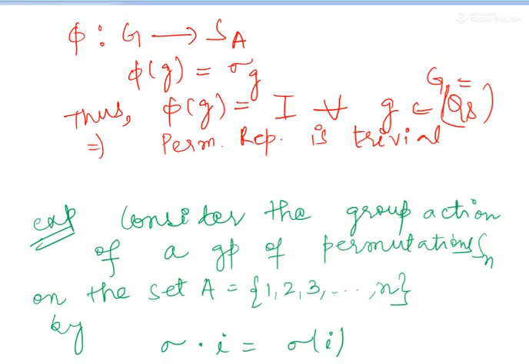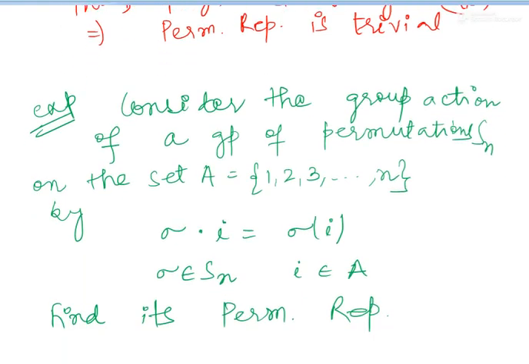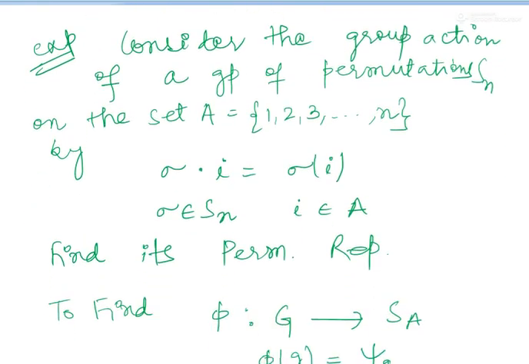Now let's see another example. Consider the group action of the group of permutations Sn on the set A = {1, 2, 3, ..., n} by sigma dot i = sigma(i).